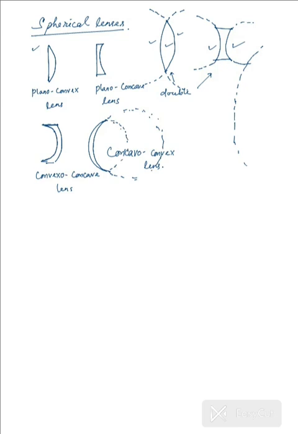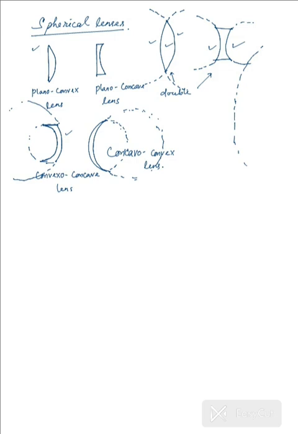Similarly, over here, the concave part will have a smaller radius, while the convex part will have a greater radius. So that is why it is convexo-concave, because the convex surface here has a greater radius of curvature as compared to the concave surface. So it all depends on the radius being greater; that name must be considered first, and that is how we are able to know what kind of lens it is and how it will behave.